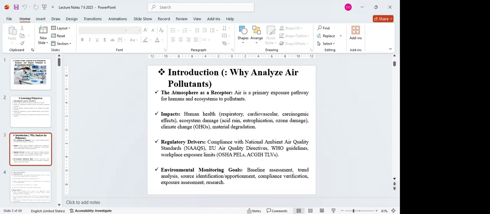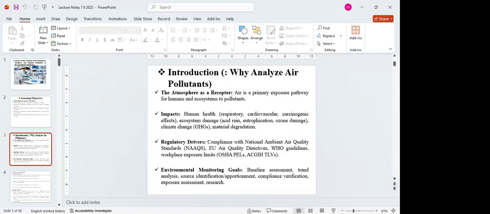It is open to anything that comes. So the air is the primary exposure pathway for humans and for the ecosystem. And what is it exposed to? It accepts everything. It accepts the good ones and the bad ones. The bad ones we call the pollutants. The good ones are those that nourish our lives in one way or the other, such as the oxygen that we use. While the bad ones for us human beings are the CO2s, for example. I'm just giving an example.